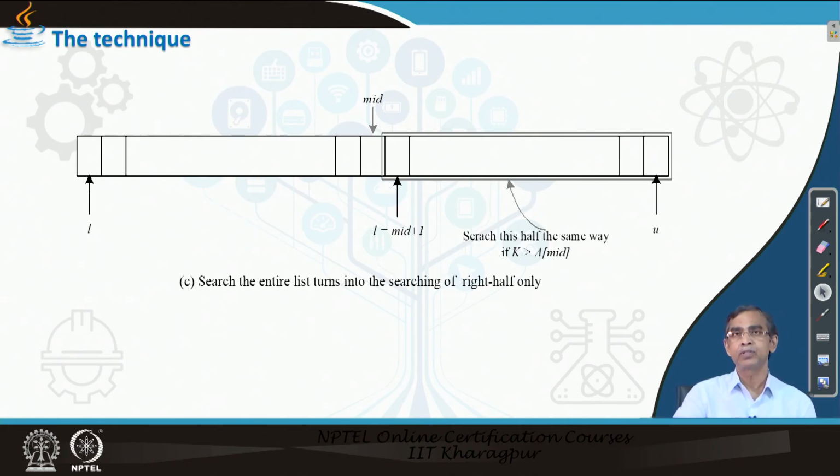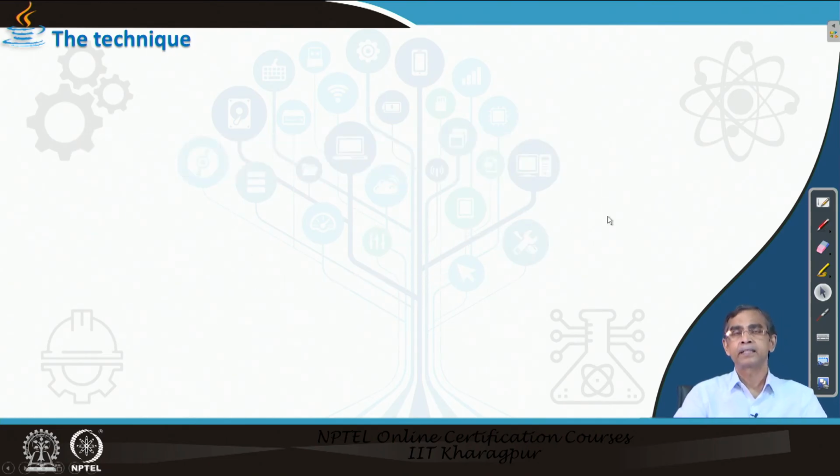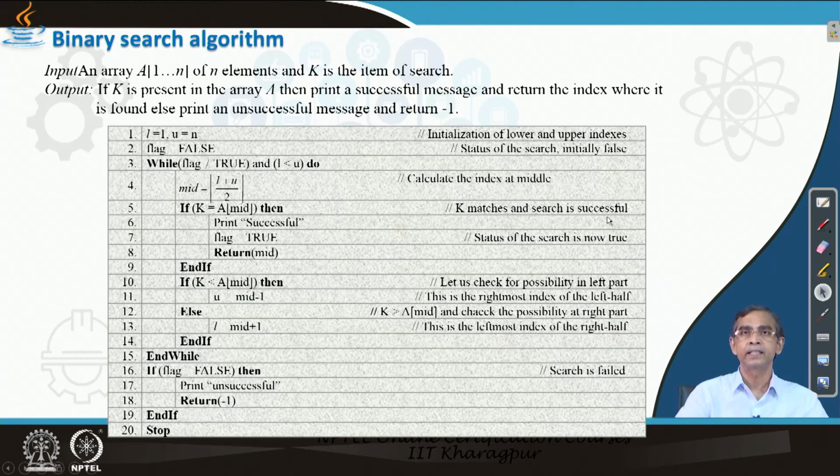So, each time you split the array into two parts, compare at the middle, then check either the left part or the right part depending on the number that you are searching. This is basically the idea of the binary search technique, a very popular searching technique.